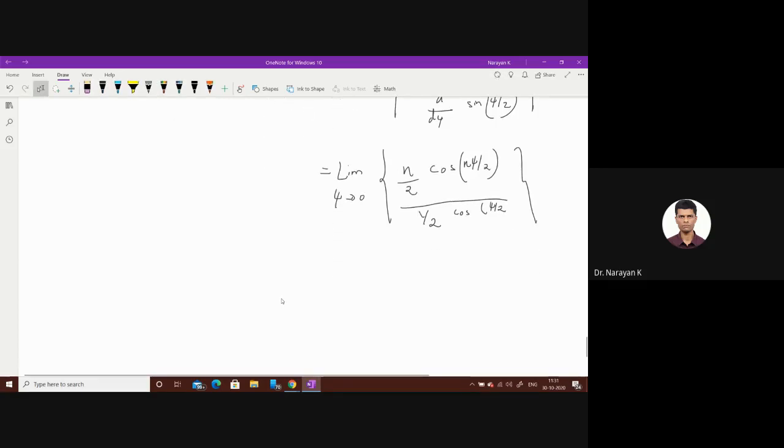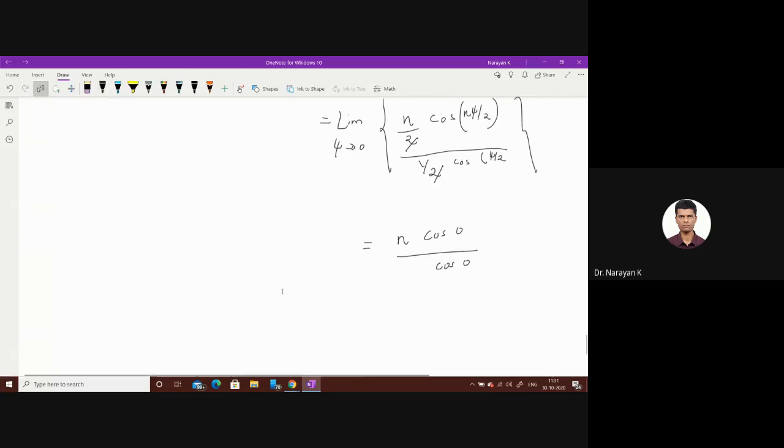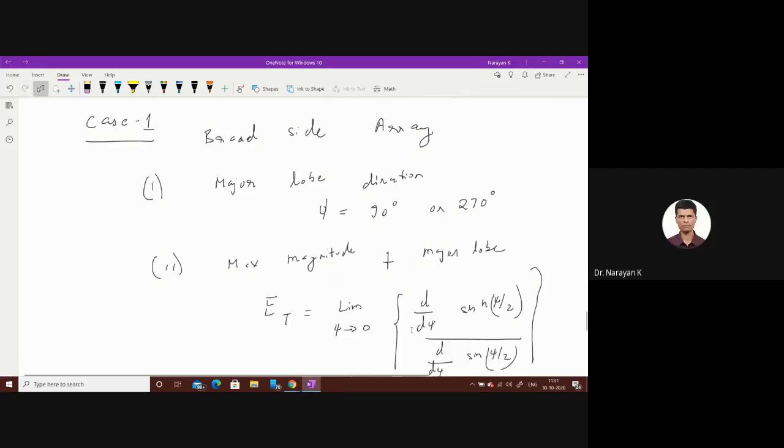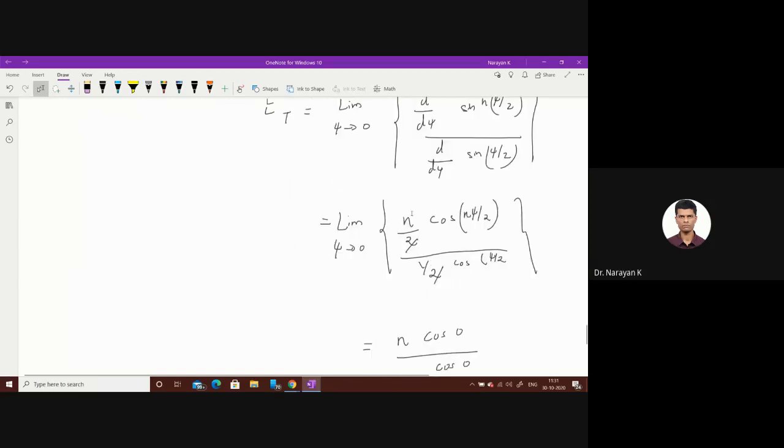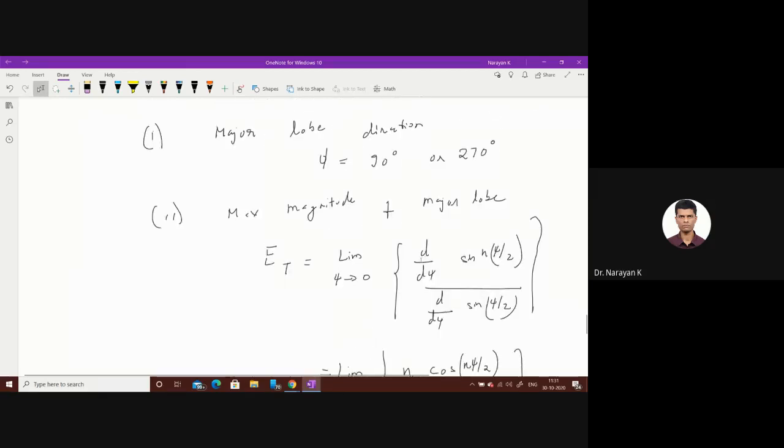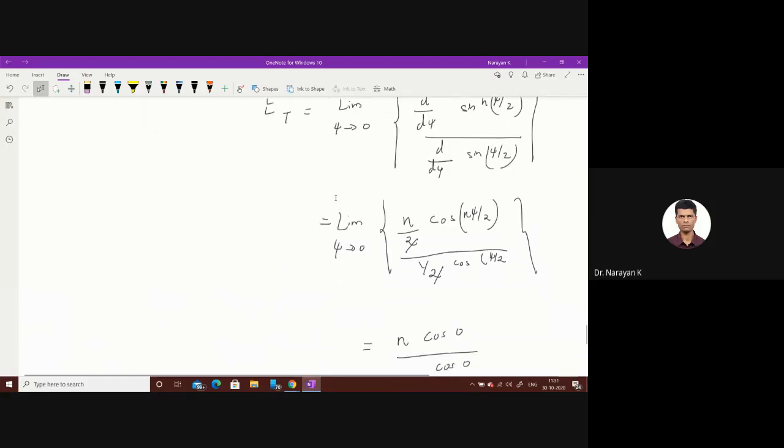So the halves get cancelled. You will end up getting n cos 0 divided by cos 0. Both are 1, so your magnitude will become n. That is, the magnitude of your major lobe is equal to 1. Got it? Yes, sir. The maximum magnitude of the major lobe is equal to 1. You have to do a partial differentiation with respect to psi when the limit psi tends to 0. Okay, next.